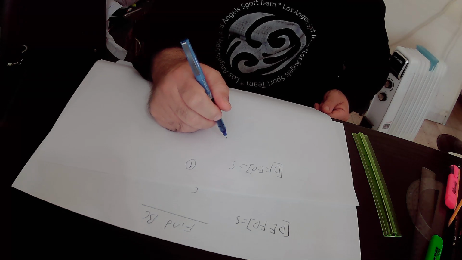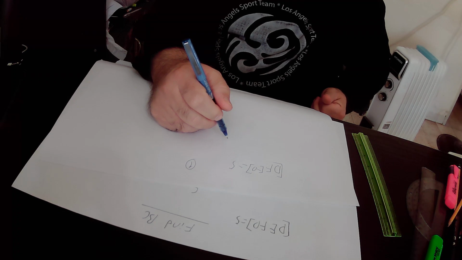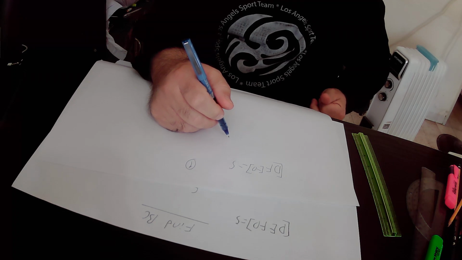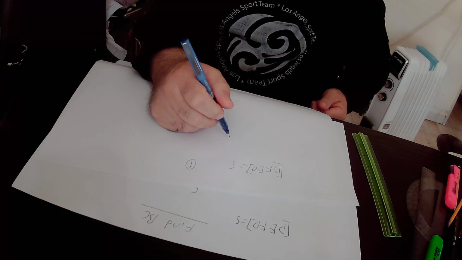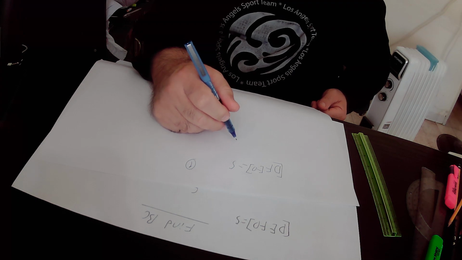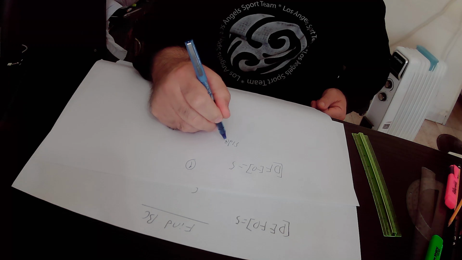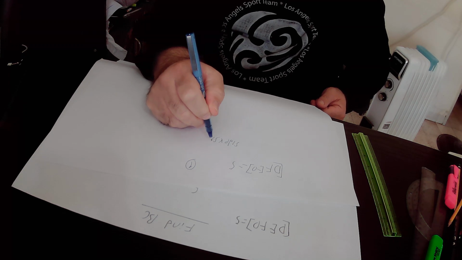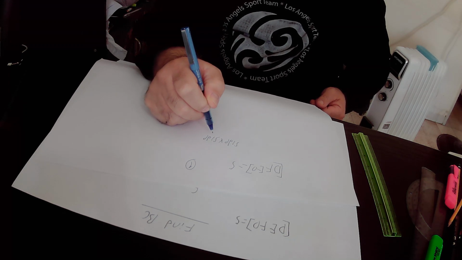And we know that the area of any square is side times side, because all the sides are equal to each other.